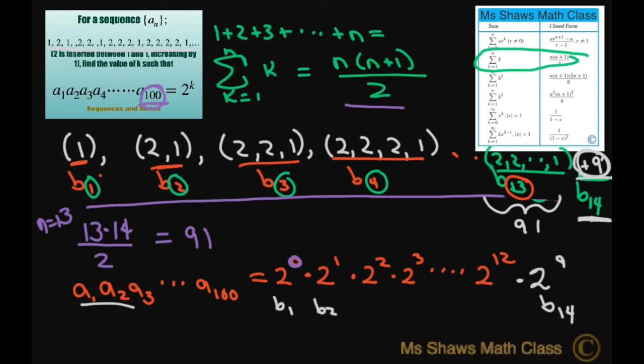So now let's go ahead and write out our formula. So this is going to be 2, and we had 2 to the power of 0 times 2 to the power of 1, and then we had times 2 to the power of 12 times 2 to the power of 9.